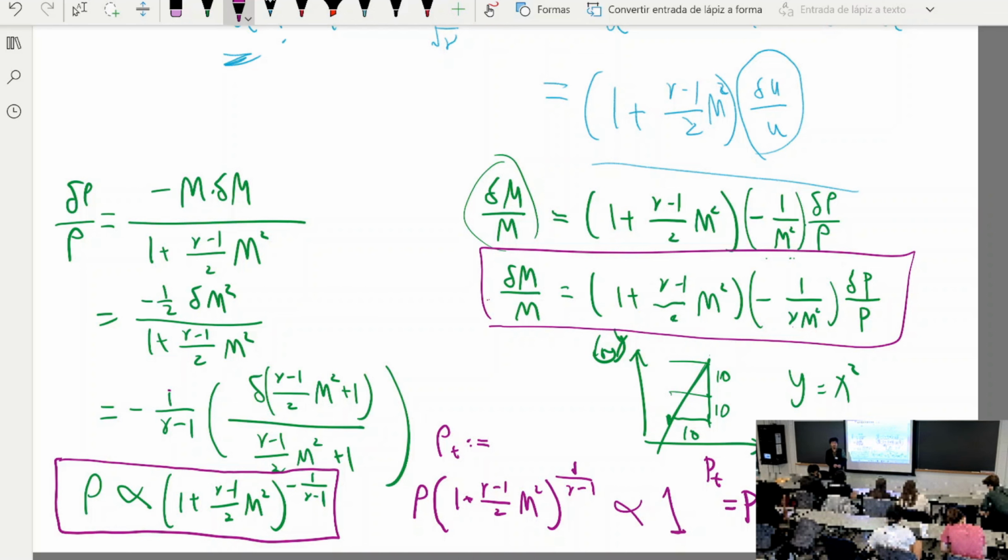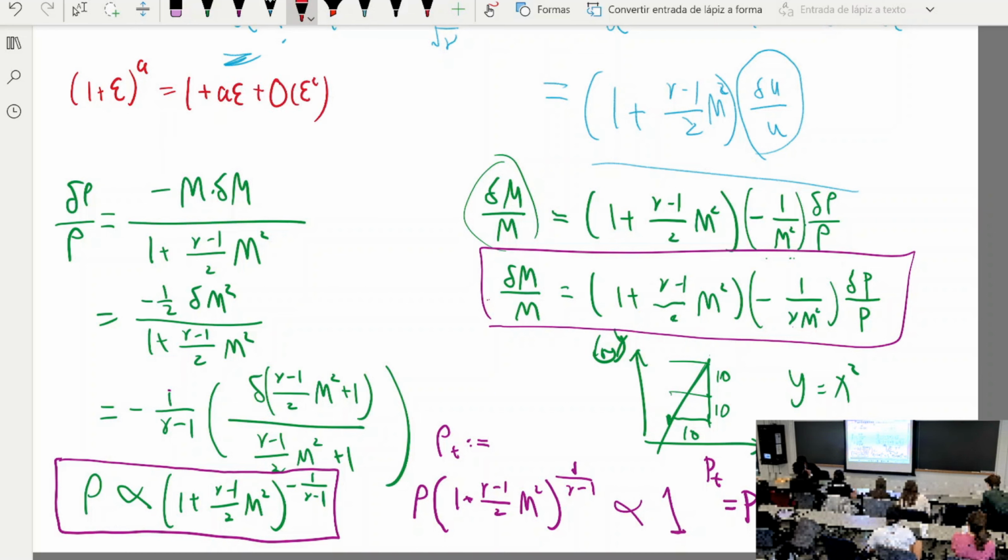I'm just asking, does anybody remember 1 plus epsilon to the a when epsilon is very small? Exactly, that's 1 plus a epsilon plus O of epsilon squared, right? So that's what we are going to be using here.